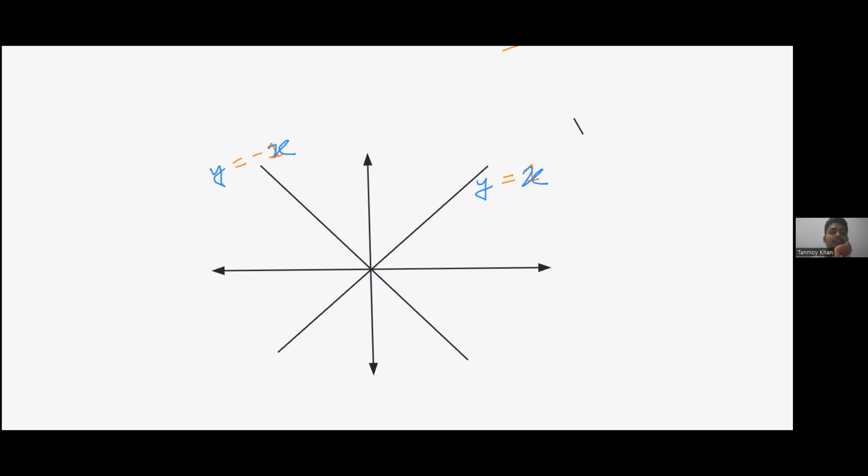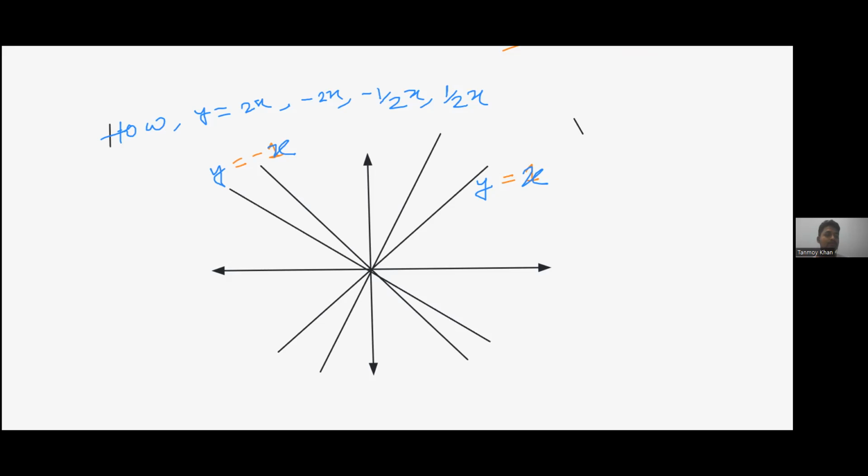Now my question is, how will y is equal to 2x, minus 2x, minus half x, plus half x look in this same plot? So if this is y is equal to x, obviously y is equal to 2x will look like an angle slightly greater than this, right? This will be y is equal to 2x, and obviously this will be y is equal to minus 2x, right?